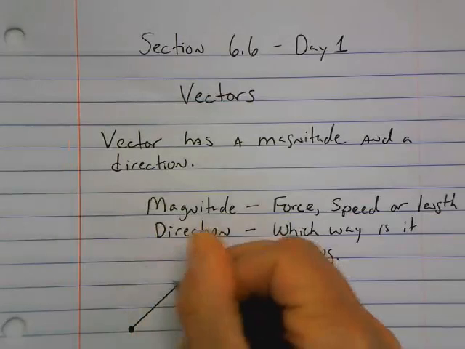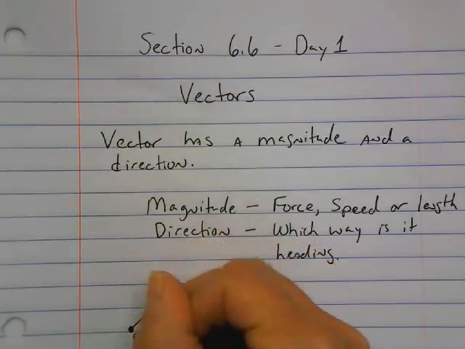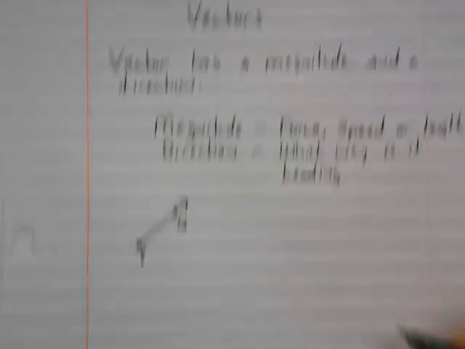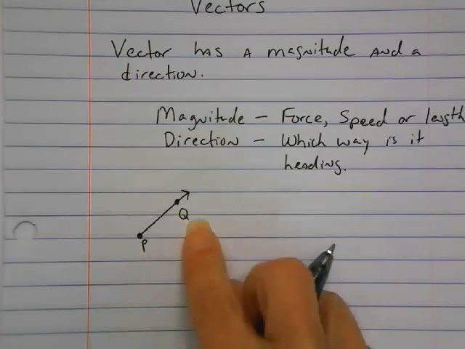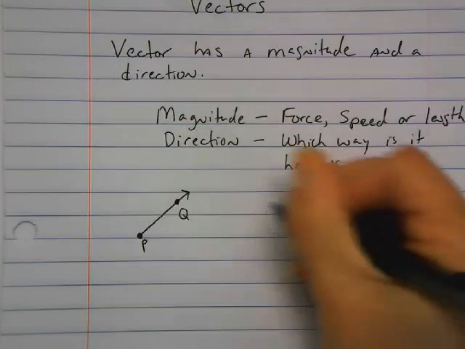So vectors are going to look like rays. P is the initial point, Q is the terminal point.